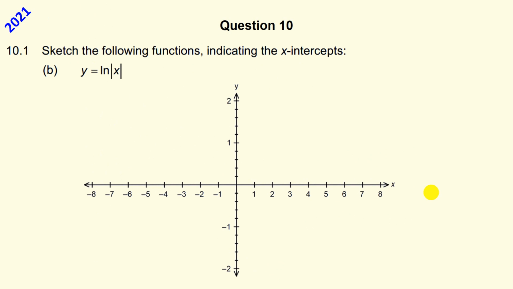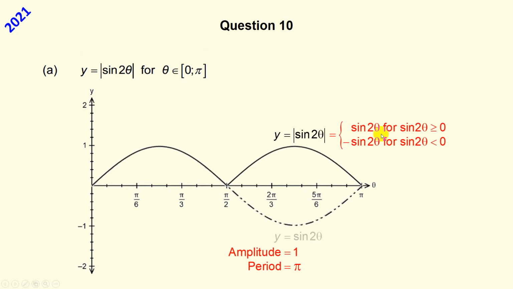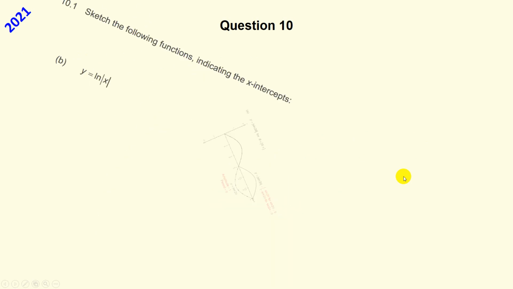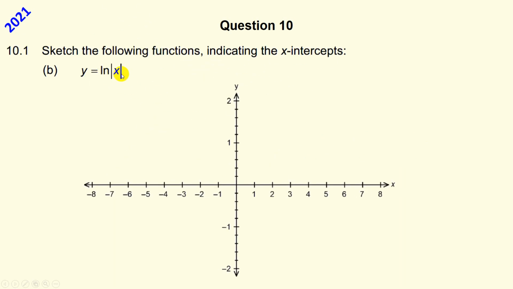Let's sketch the function y equals ln absolute value of x. It really is important to go back to the definition of absolute value. Notice I did it here to explain, but you could probably do it without having to go there. But when you have the absolute value of x within the equation, I think it's better to go back to definition.